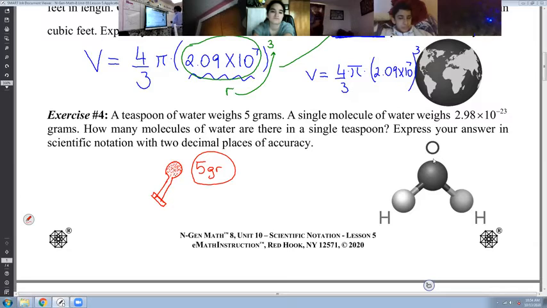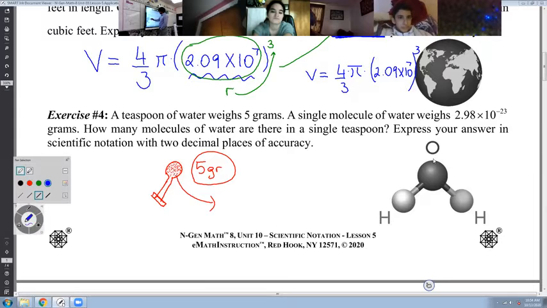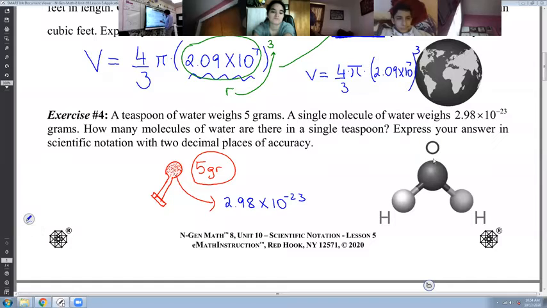Right? What operation do we have to do though? Each molecule of water is 2.98 times 10 to the power of negative 23. How many of them is supposed to come together that it will weigh 5 grams?